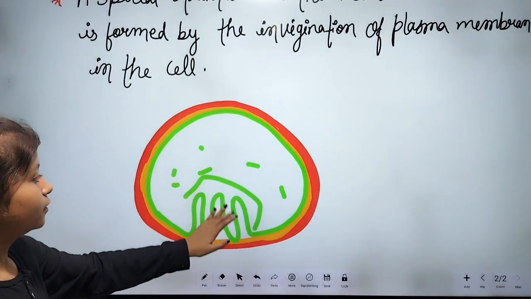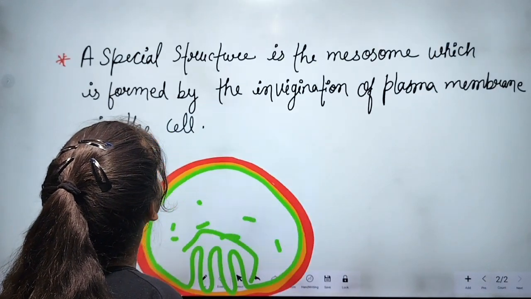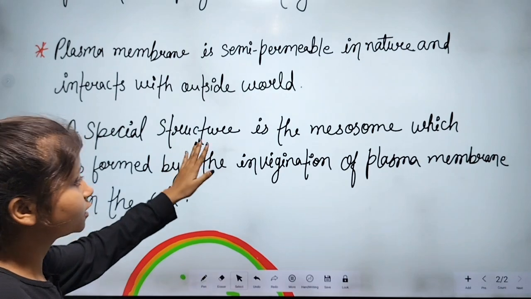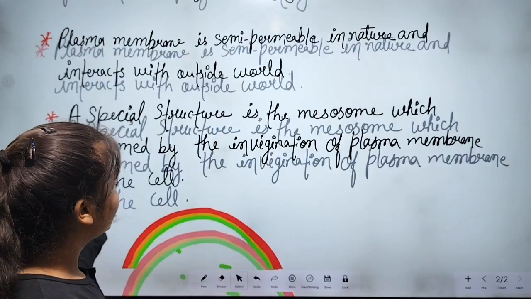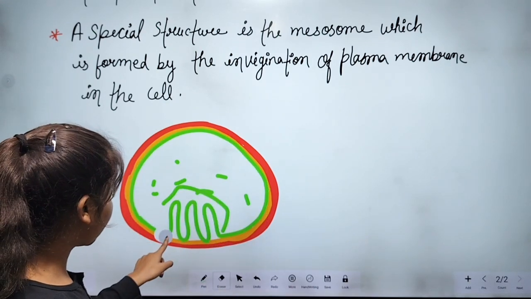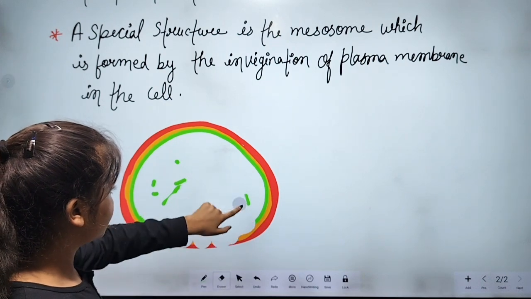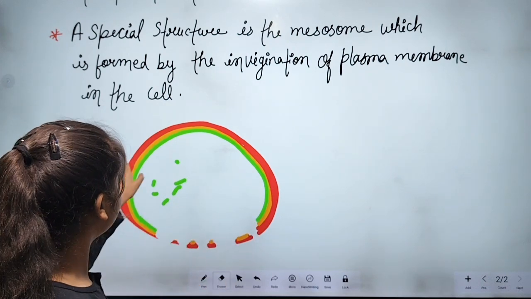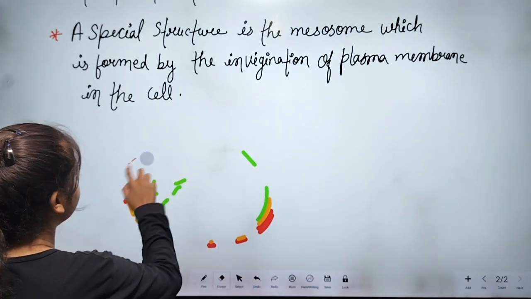This is called the mesosome. So here the same thing is given: a special structure, the mesosome, which is formed by the invagination of the plasma membrane in the cell. That is this one. Because of the plasma membrane, this line invaginates inward into the cell. I hope you understand this point.